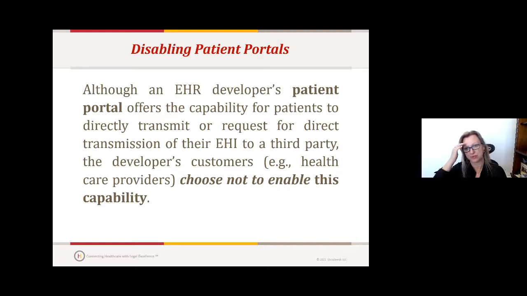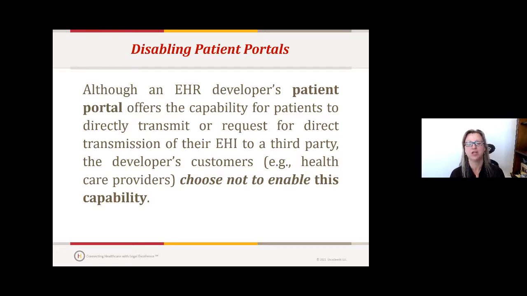Okay, disabling patient portals, something you should be aware of. Patient portals were probably one of the hottest topics of debate, discussion, concern and angst over the last few months in terms of data.